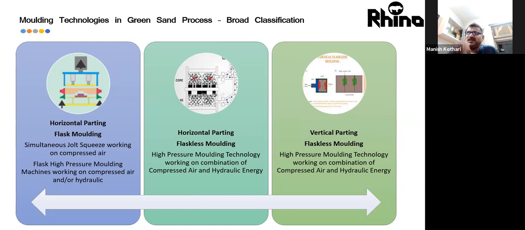And there is vertical flaskless molding, which has also been there for several years, but has been used for very specific, high productivity purposes, and it has its own place. Each technology has its own place, but today we are focusing more on horizontal parted flask molding, where both these technologies lie: jolt squeeze and high pressure molding.